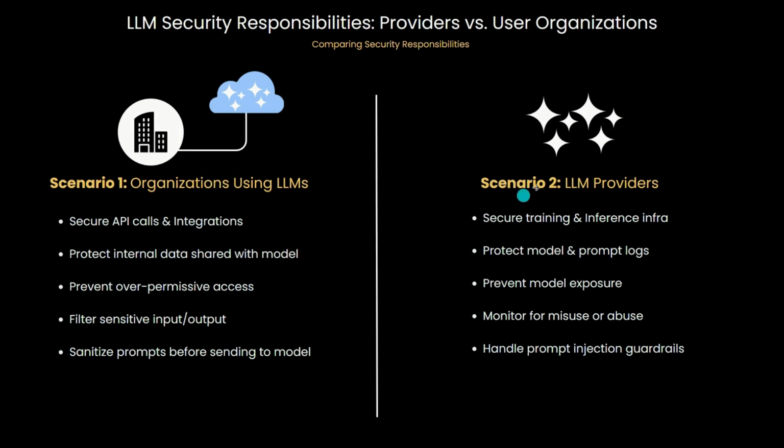Now, on the right, we have the responsibilities of LLM providers, platforms like OpenAI, Mistral, or Anthropic that manage the infrastructure and host the model itself. Their responsibilities, as per me, should include securing the training and inference infrastructure, GPU clusters, APIs, and data pipelines, protecting the model and prompt logs, ensuring logging systems don't leak sensitive interactions, preventing model exposure through access control, rate limits, and private hosting environments.